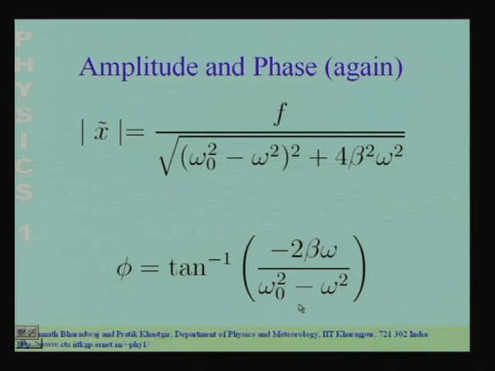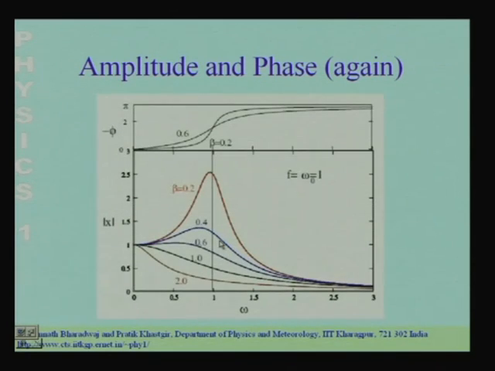So, you see that the phase starts from 0 and extends all the way to minus pi as the frequency goes from very low frequencies to very high frequencies, and this is what is shown over here. This curve over here, the upper curve, shows you minus phi, where phi is the relative phase between the oscillations and the external force.